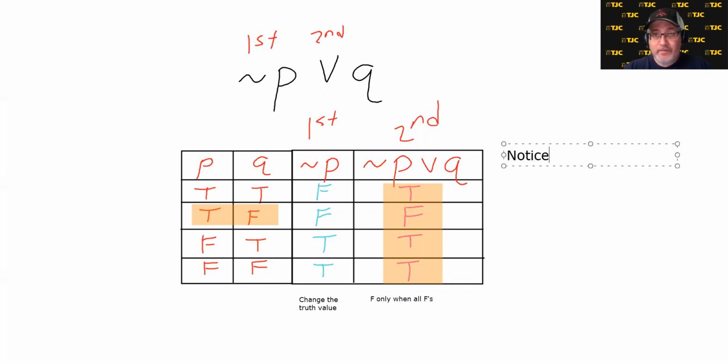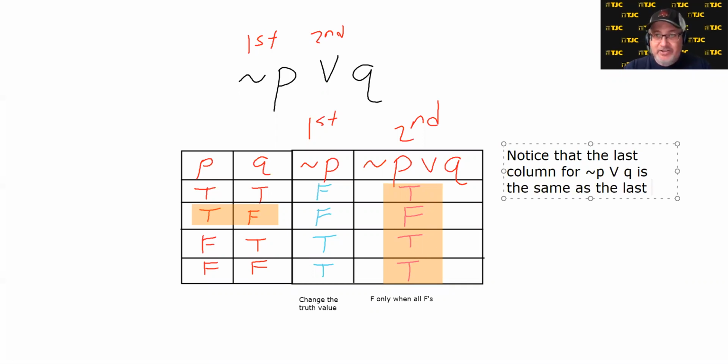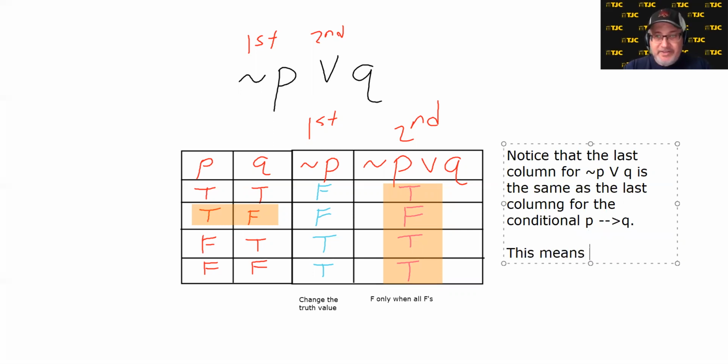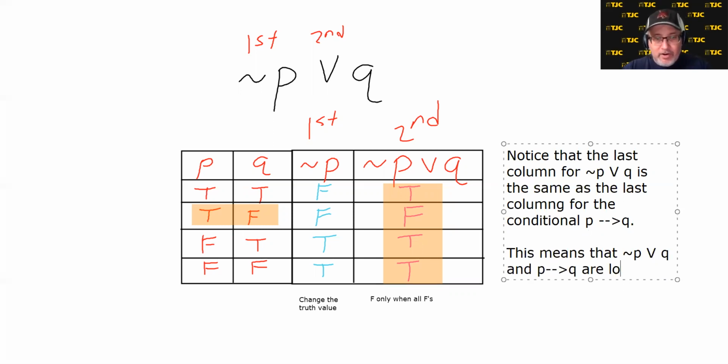Notice that the last column for negation P disjunction Q is the same as the last column for the conditional P pointing to Q. This means that negation P disjunction Q and P pointing to Q are logically equivalent.